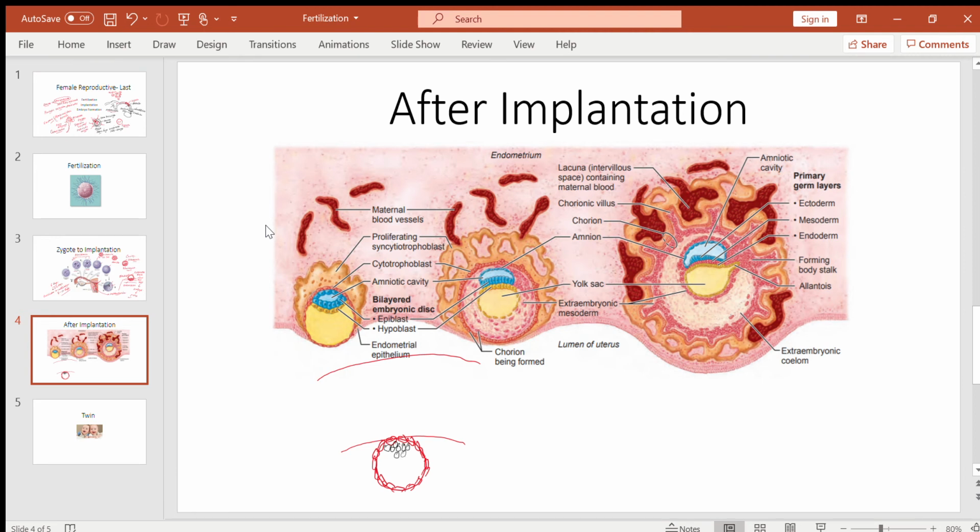Inner cell mass, okay, this is the inner cell mass, and this is the endometrium. So those cells here are attached to the endometrium here, the trophoblasts.